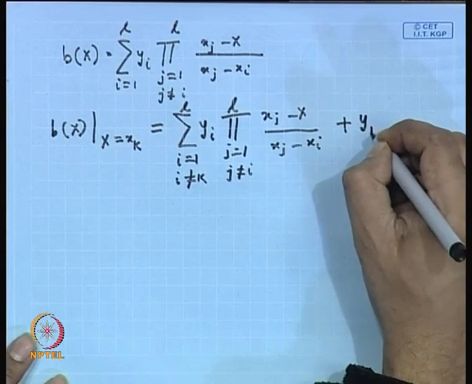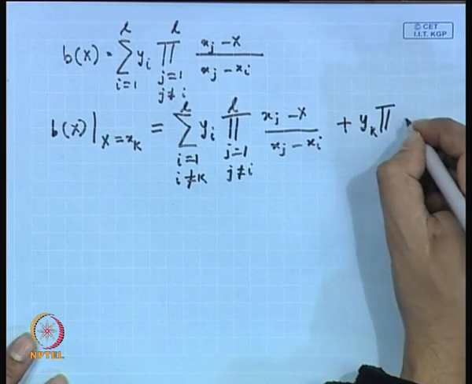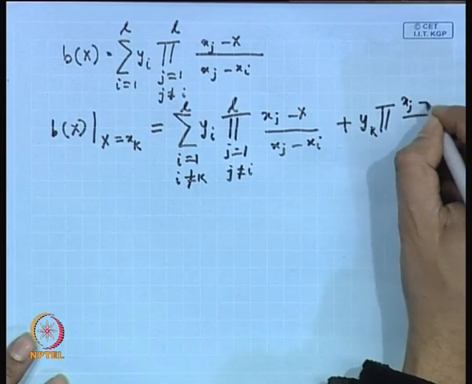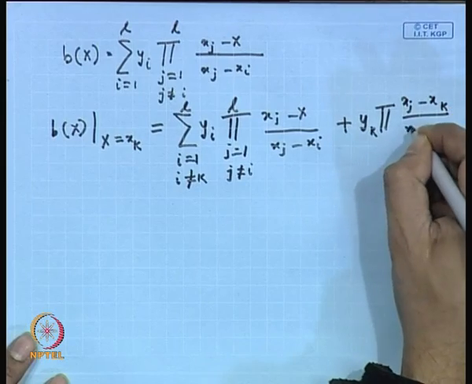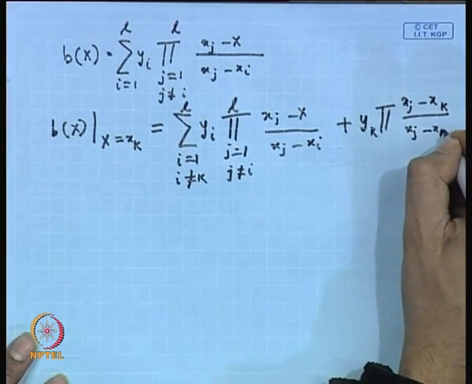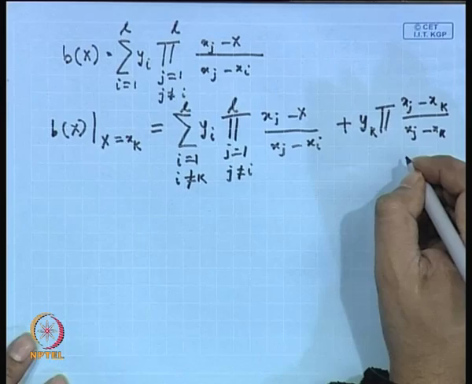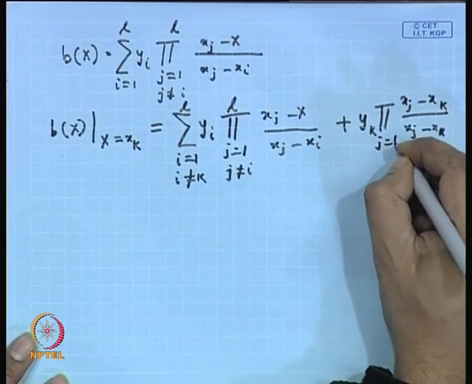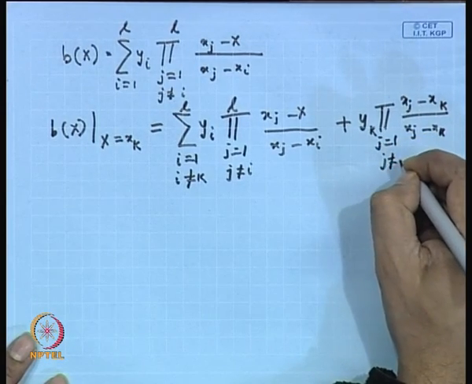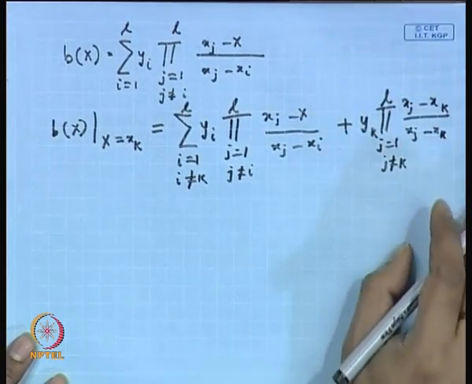So that is y_k, and the product term has (x_j minus x_k) divided by (x_j minus x_k) for all the terms, that is j equal to 1, j not equal to k, running till L.